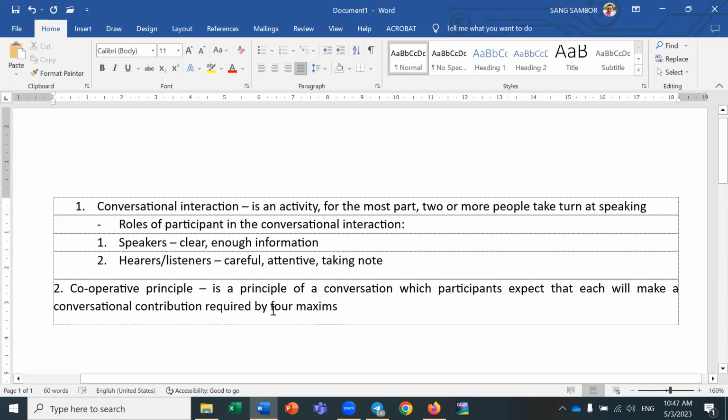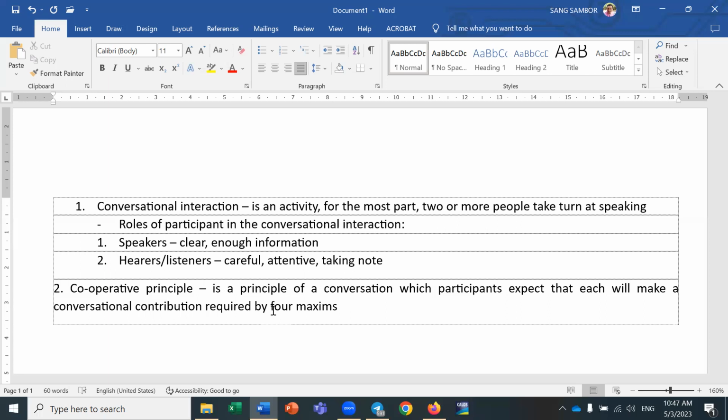Everyone, people who are taking part in any conversational interaction seem to be working cooperatively. They cooperate with one another. When I say they are cooperating, I mean the speaker and the listener are cooperating with one another.